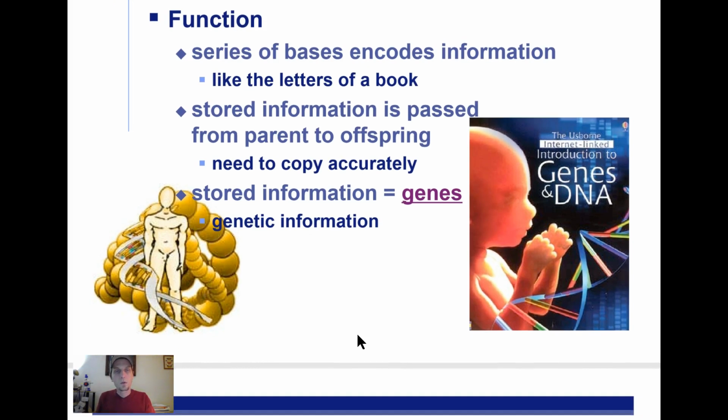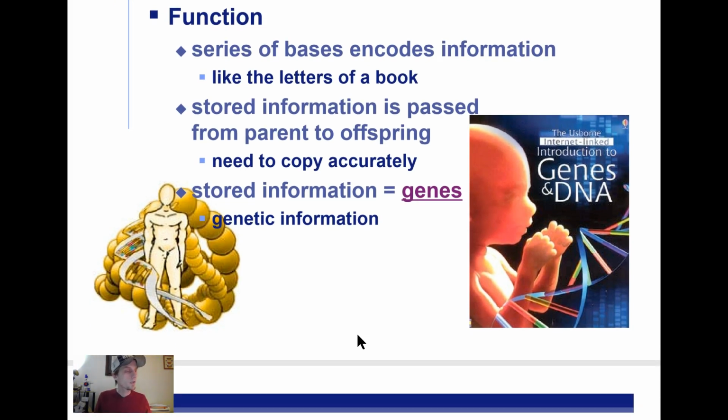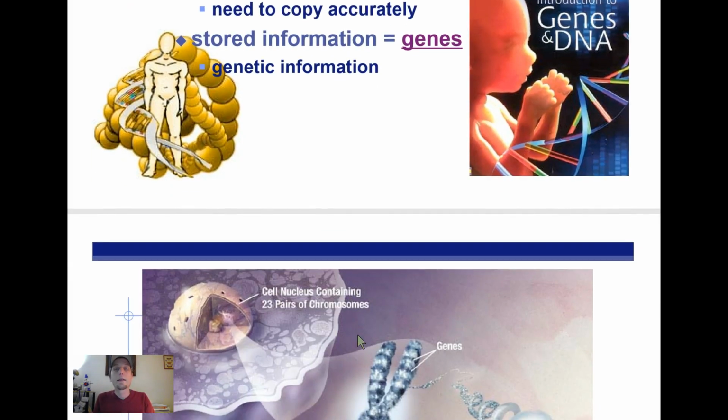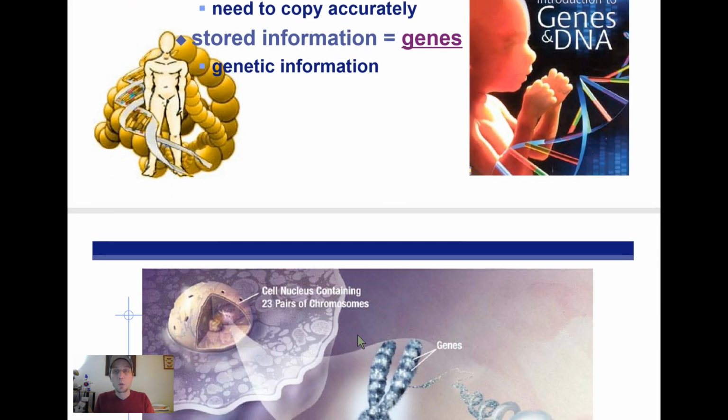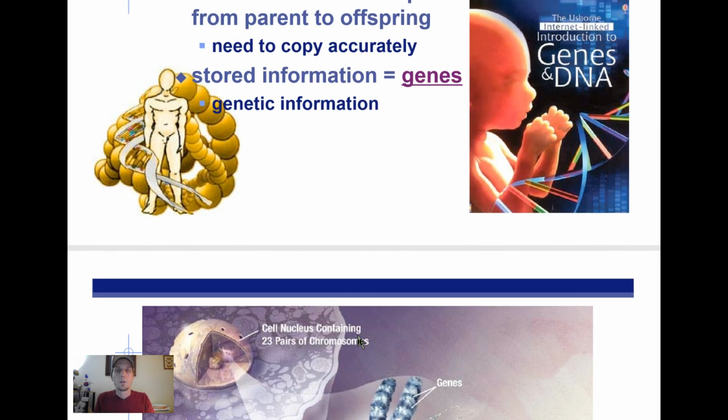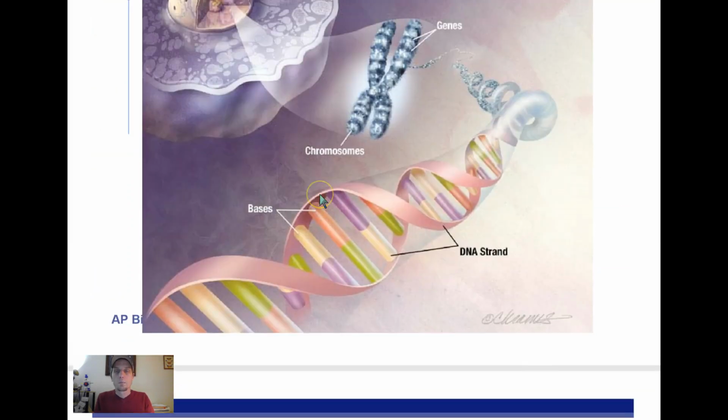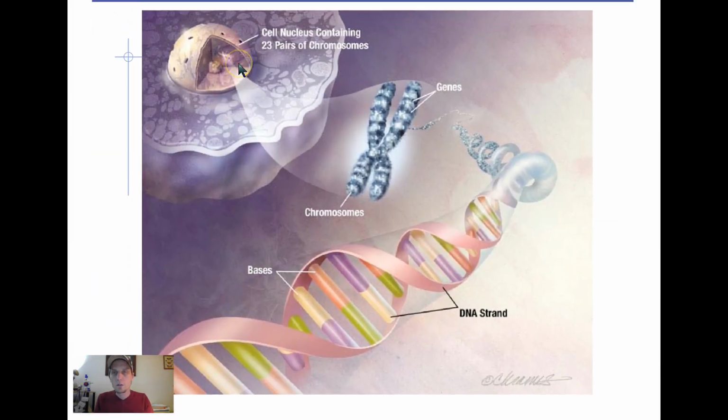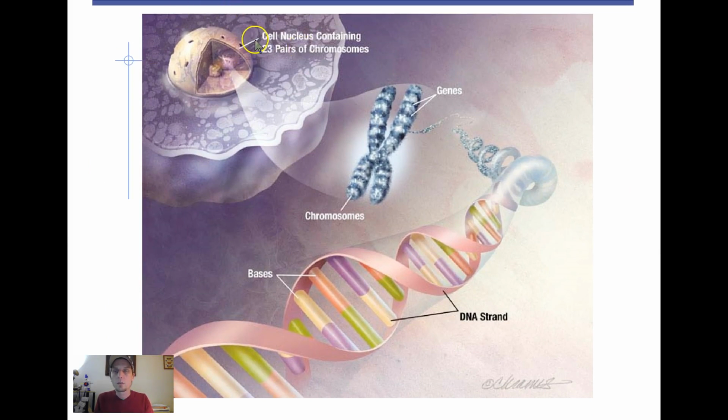Well, they realized when they discovered the structure of DNA that it was a sequence. And now it was a matter of finding out how it's replicated. So here we have in the cell the nucleus with your 23 pairs of chromosomes.